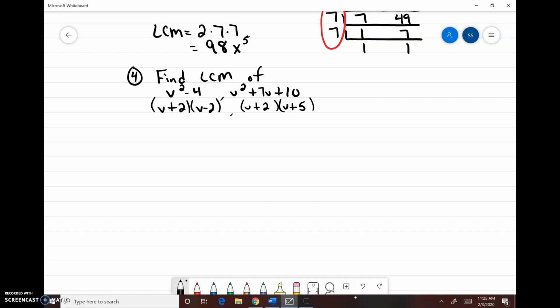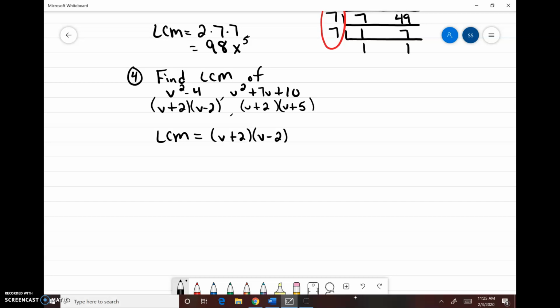Now, when you're going to find your LCM or your LCD of these expressions, your first step is to start with the first one and write it down exactly how you see it. So v plus 2 and v minus 2. Next, we're going to go to the second one.